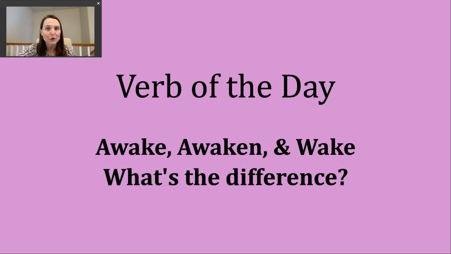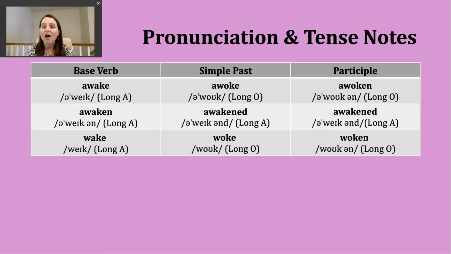So let's start off with the part most people find the most confusing, and that's the pronunciation and the different forms of this verb that we use in different tenses. So I've included some phonetic sounds here with these verbs, but let's do a quick review.